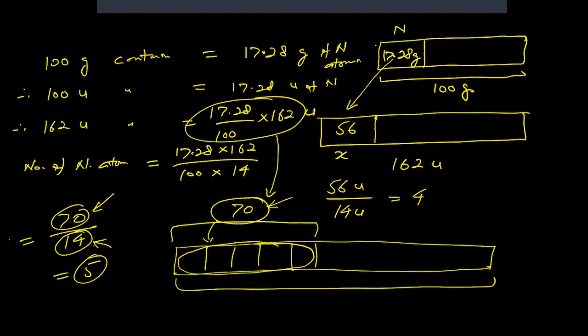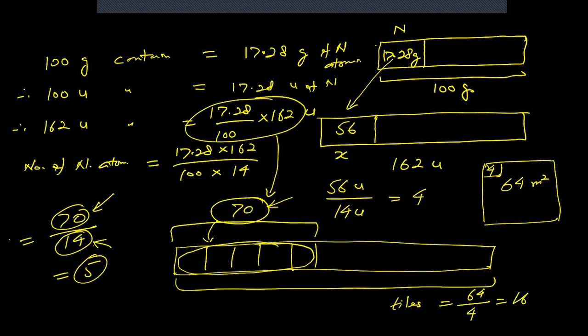It is similar to those questions you have done in your 7th, 8th grade, where you are told that total area is say 64 meter square, and area of one tile is 4 meter square. How many tiles will be there? So number of tiles will be total area divided by area of one tile, 16.